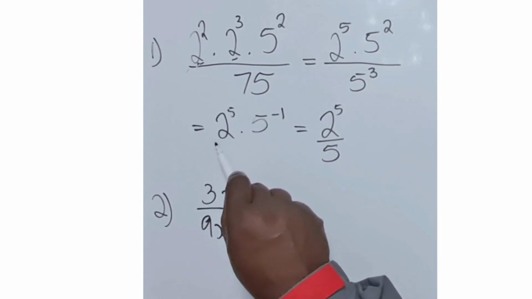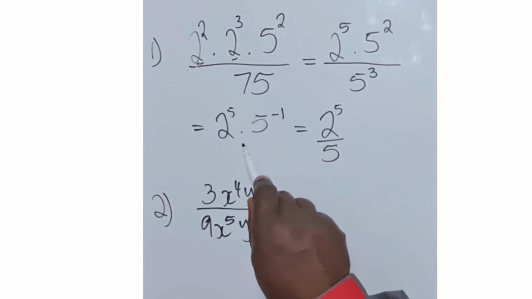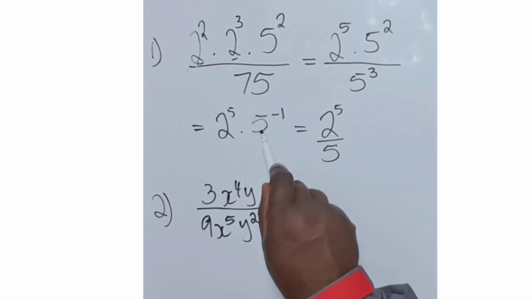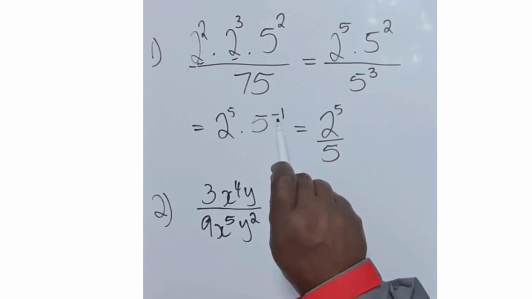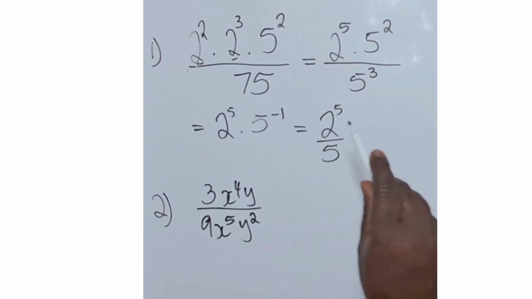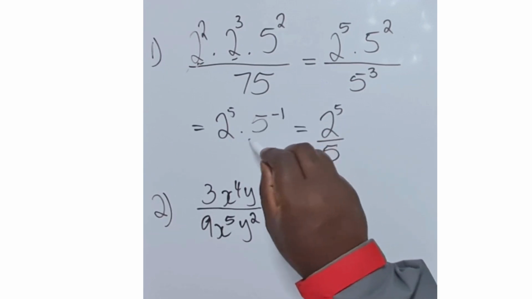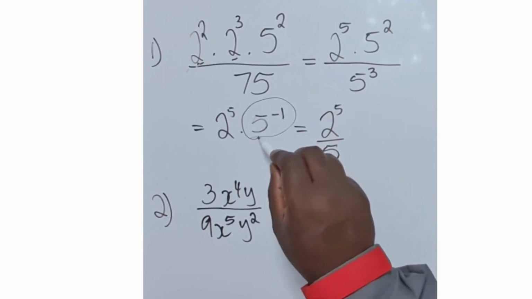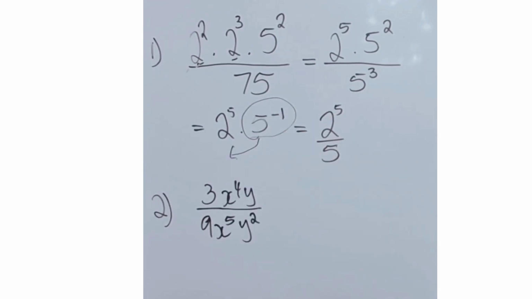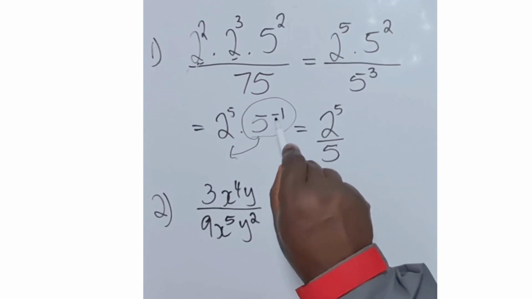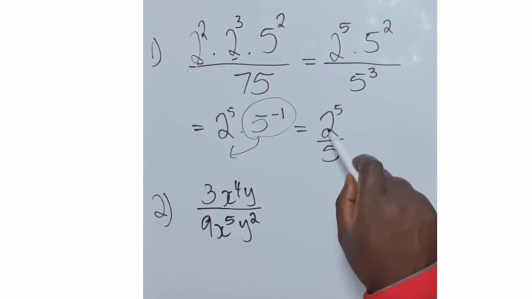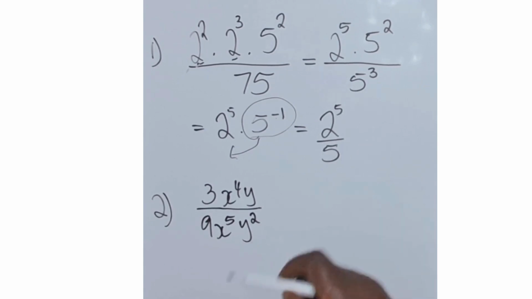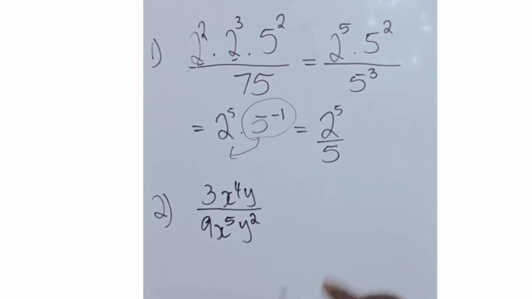So 2 to the power 5, we then say multiply by 5, 2 minus 3, which gives us a negative 1 exponent. So if we bring this term to be a denominator, we need to change that to be a positive. So we have now 2 to the 5 divided by 5 to the power 1, which we normally don't write. So this will be our final answer.